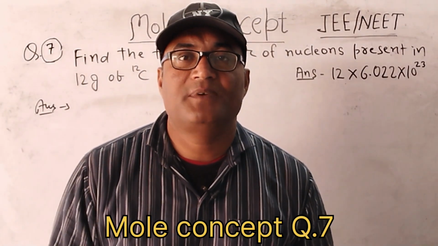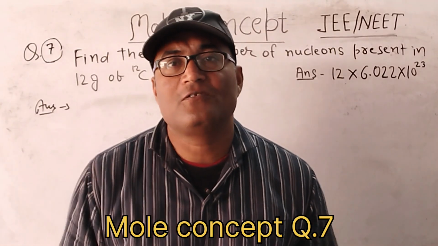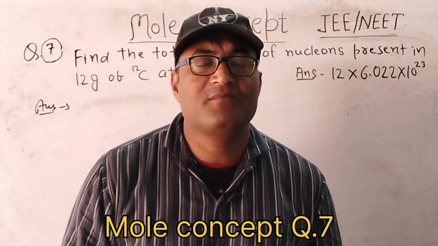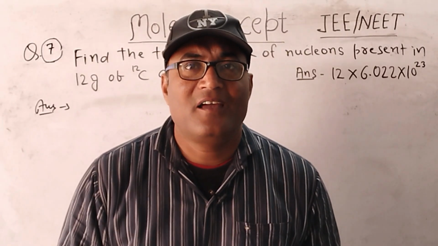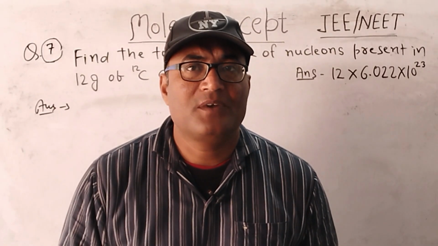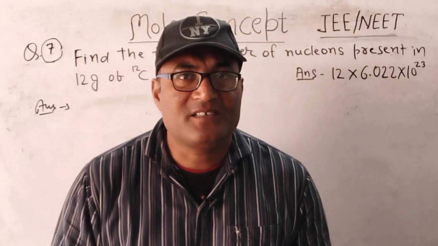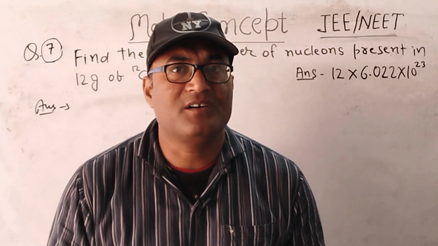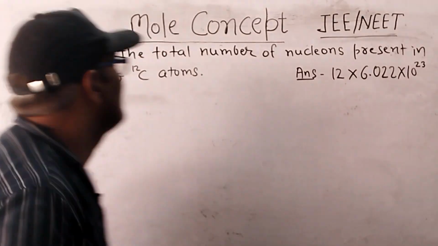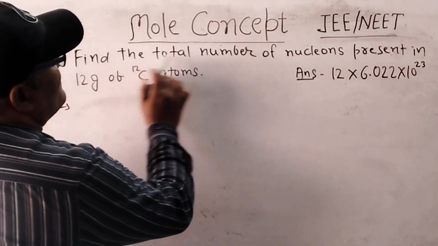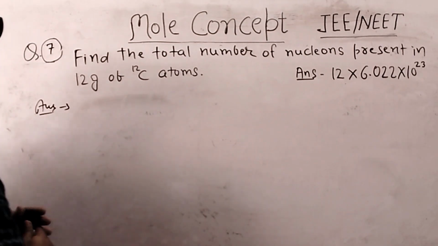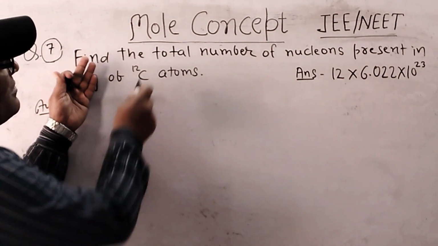Now question number 7 is based on calculation of nucleons. So what are nucleons? Nucleons are those parts of the atom, the central part of the atom, the nucleus, in which the total number of protons and neutrons are present. So nucleons is always equal to the total mass number. According to this question, find the total number of nucleons present in 12 gram of C12 atoms. So the number of nucleons in C12 is 12.